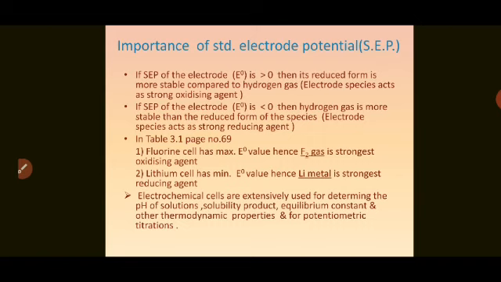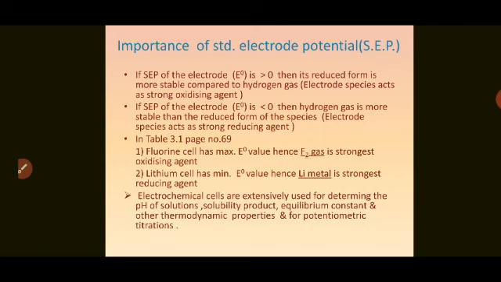So in table number 3.1, page number 69, you will observe some of the values of standard reduction potentials of individual cells, in which hydrogen has 0 value, whereas some have positive values and some have negative values. So what does it represent?